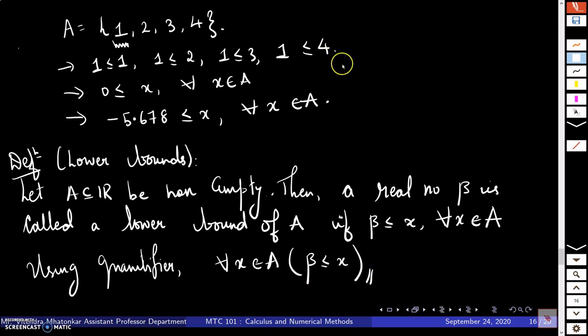Now geometrically, let me put it on a number line because that is the best way in which you can understand. I will mark the set A on this number line.